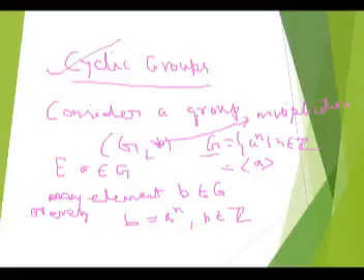For addition, there exists an element A, element A belongs to G, such that every element in G can be expressed in this way.